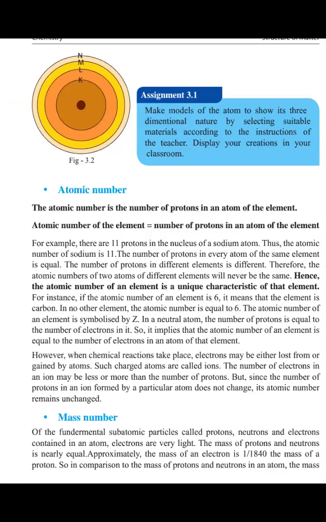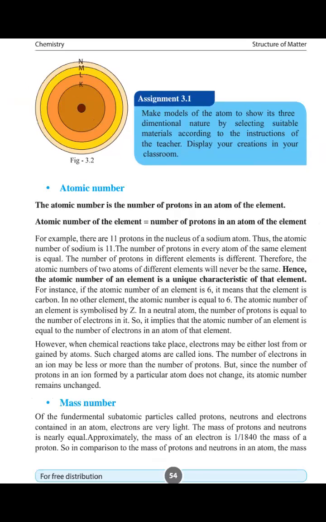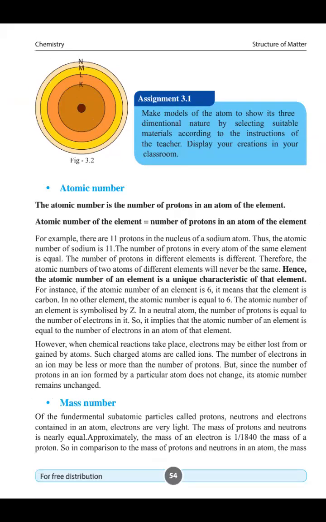If an atom is given, if you ask the atomic number, that is the number of protons. It is a unique characteristic for that element, and the atomic number is given the symbol Z.